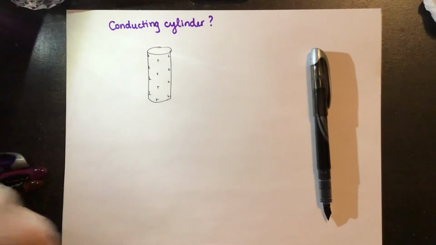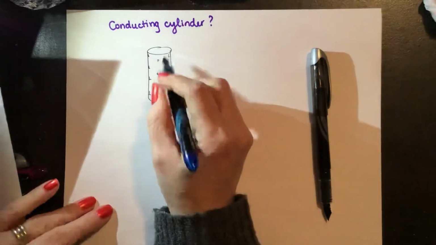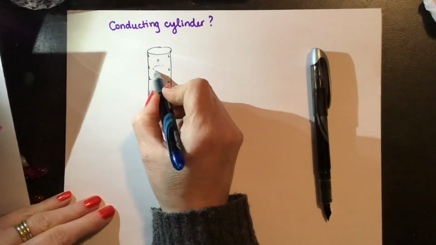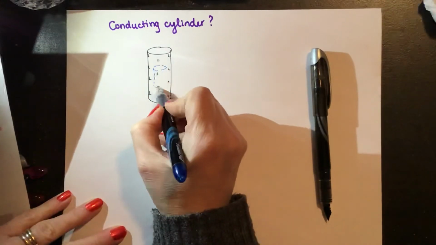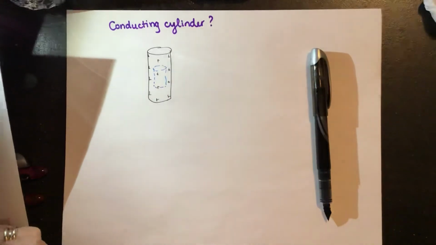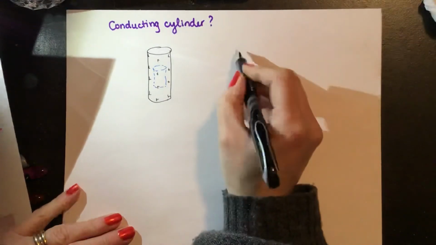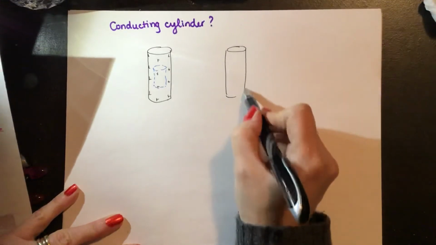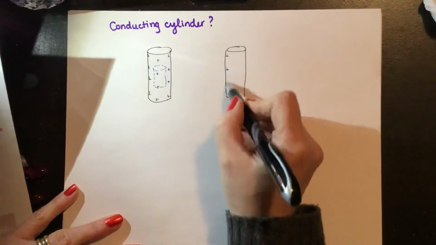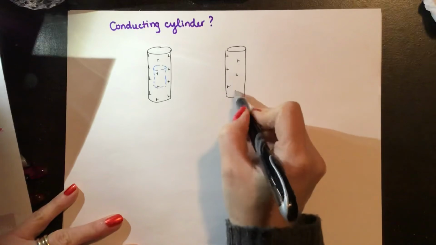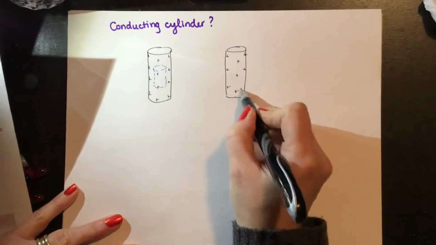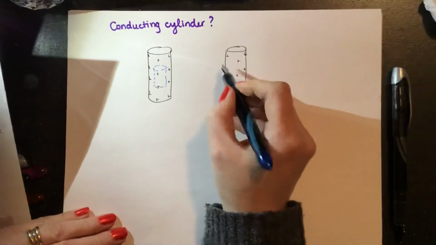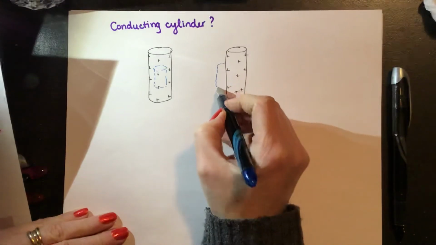So we can still apply Gauss's law. We'll do a Gaussian surface inside. This might have been a little easier if I hadn't tried a 3D drawing. And I can draw a Gaussian cylinder outside.